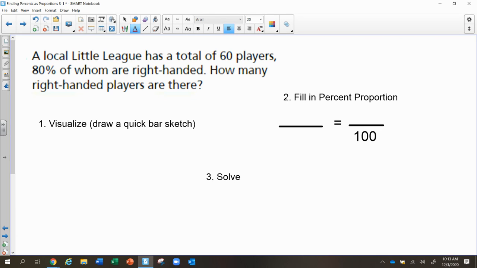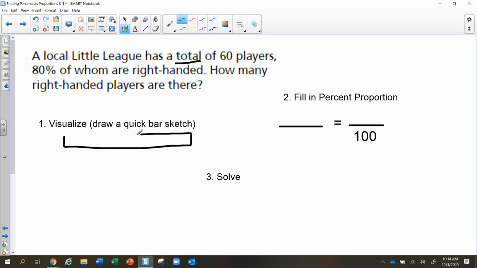So going through, how would we do this ourselves without any of this given stuff, right? So here's just a question. A local Little League has a total of 60 players, 80% of whom are right-handed. How many right-handed players are there? So visualize drawing a quick bar sketch. This doesn't have to be the most perfect thing in the world, but how I do this is it just gives me an idea of where my answer is going to be. So when I see the word total, I'm thinking that's going to be my whole, that's going to be my 100%.